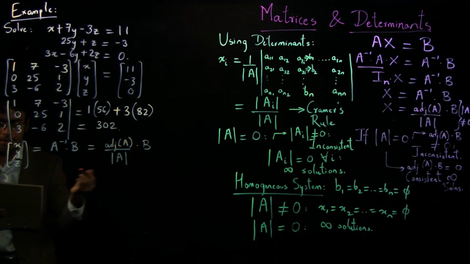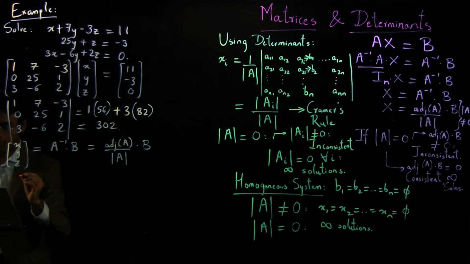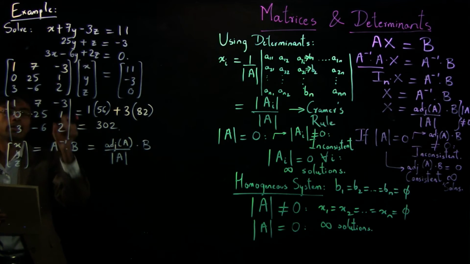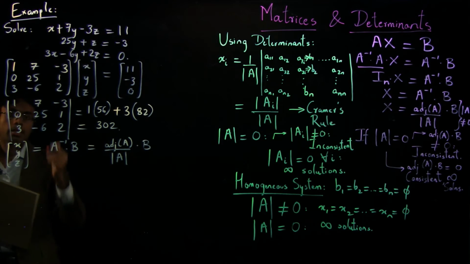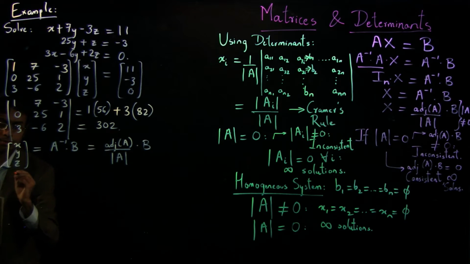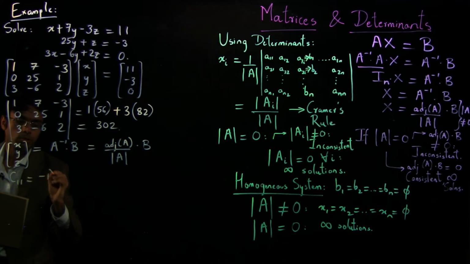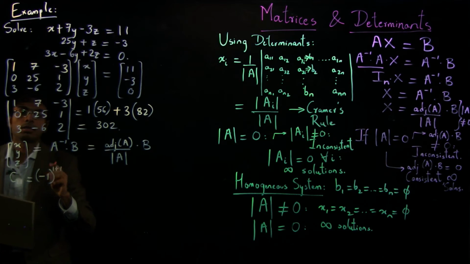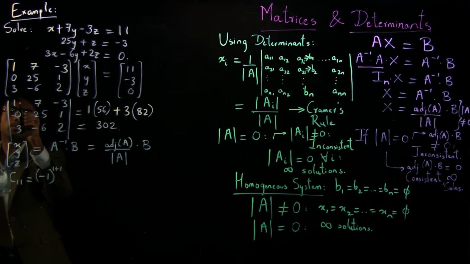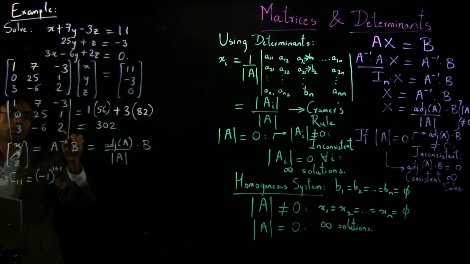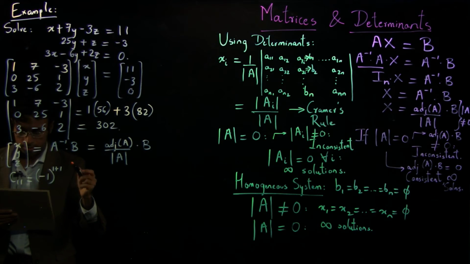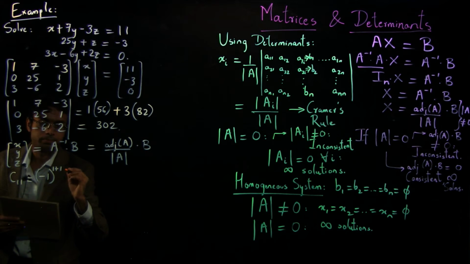And for calculating the adjoint, you need to find the cofactors of each element of A. Let's take an example to recall. C11 is minus 1 to the power i plus j, so 1 plus 1, and then you block this off, so 50 minus 6, so 56.